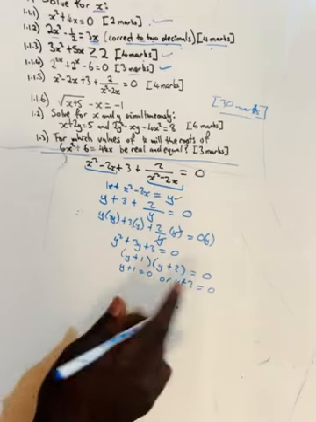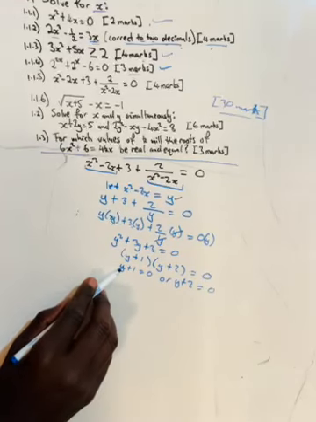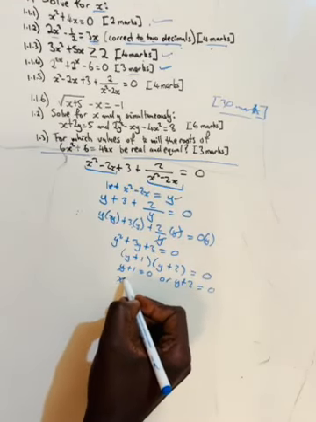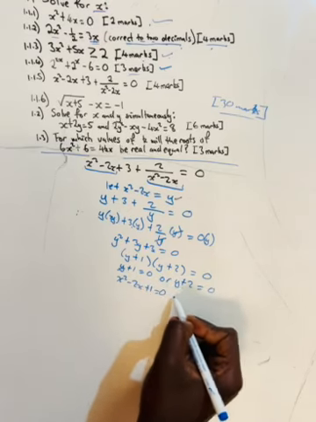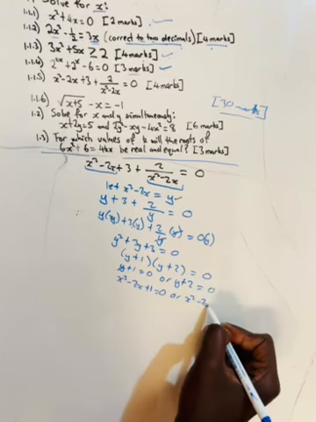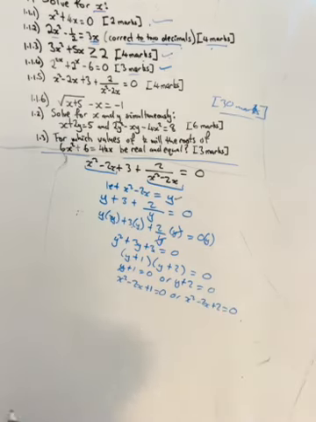But I must not forget I've got x squared minus 2x, which is being represented by y. So now I substitute and say that I've got x squared minus 2x plus 1 is equal to 0, or I've got what? X squared minus 2x plus 2, which is equal to 0.